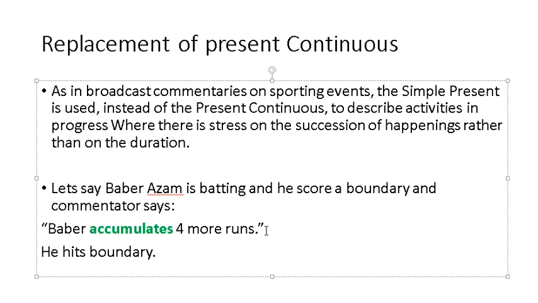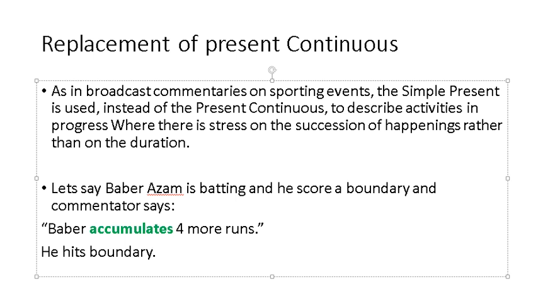Here the commentator will use present indefinite instead of present continuous, because that is the succession of the happening, that he usually hits the boundaries well. So overall, if you look at the uses of present indefinite tense, you will find they are ultimately linked somewhere with habitual actions and routine. That's why I discussed that on the first point.